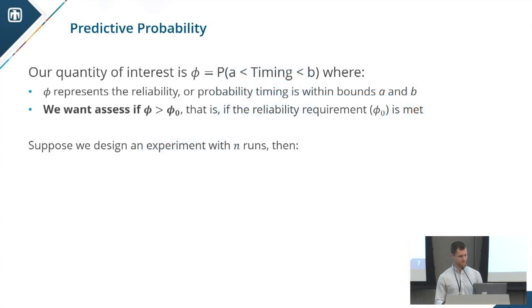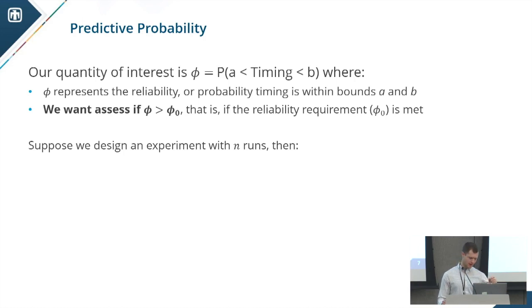Okay. So again, in our situation, our quantity of interest is essentially the reliability of this timing measurement. We want to check what is the probability that the timing of the disconnect is between some value A and B. I'm just going to denote that probability here as phi.